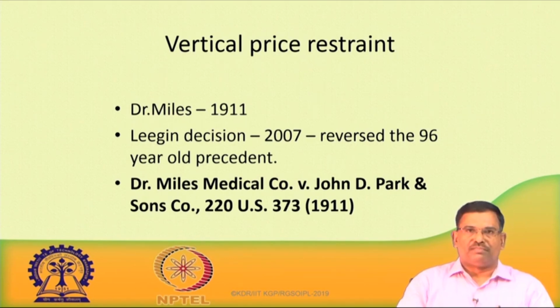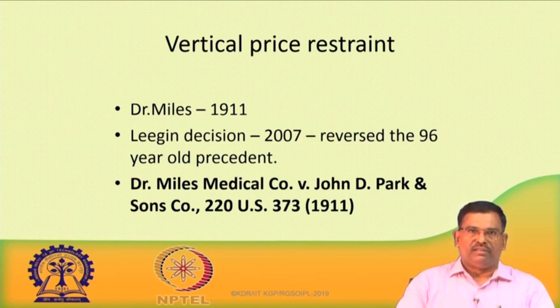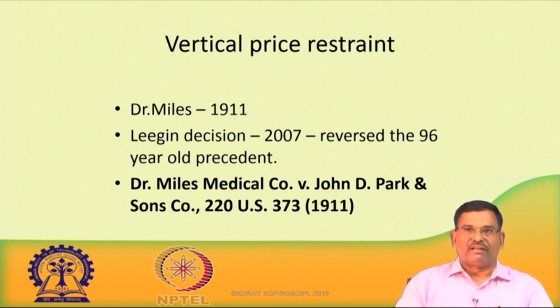It was overruled only in 2007, in the Leegin decision. So, the subject of our discussion today is these two decisions and vertical restraints, and how intellectual property interacts with competition law, the Sherman Act, through these two cases.